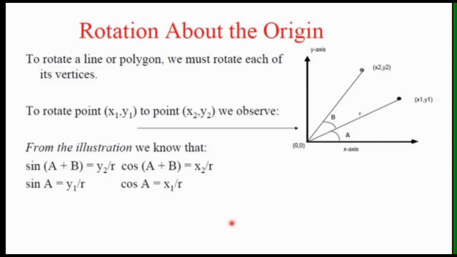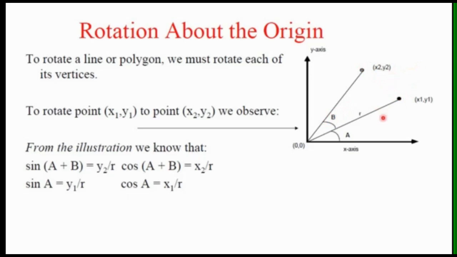Now similarly, rotation about the origin. Suppose this is a point P having coordinates x1 and y1. Now if I want to rotate this point P by a certain angle b, the coordinates of this rotated position are x2 and y2.